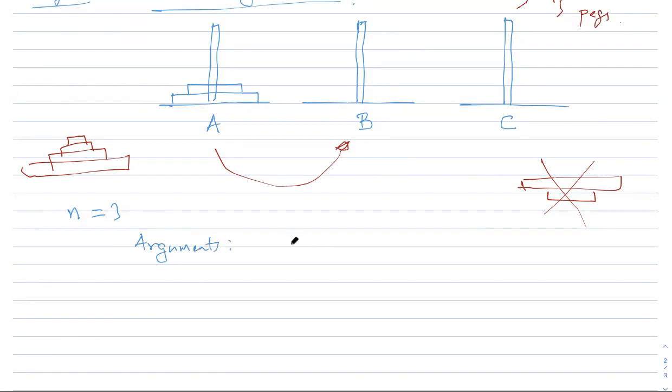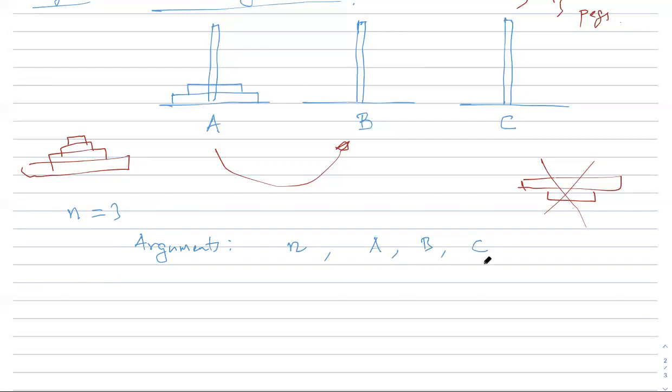The arguments here are n disks, and then you have 3 pegs, which are labeled A, B, and C. Remember, you used enumeration in your last lab, the increasing and decreasing.